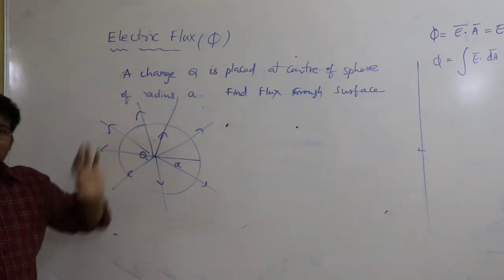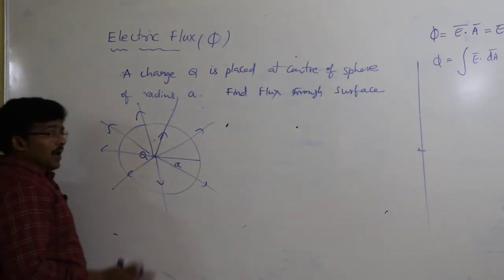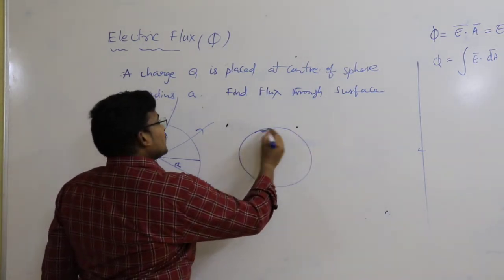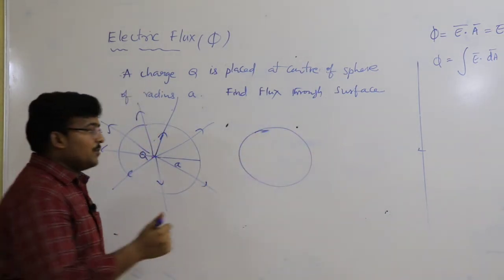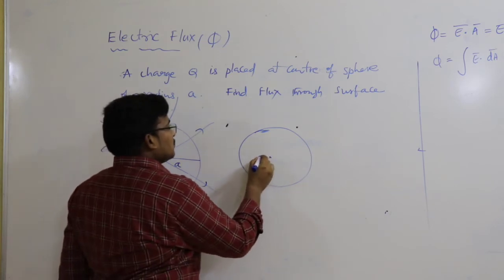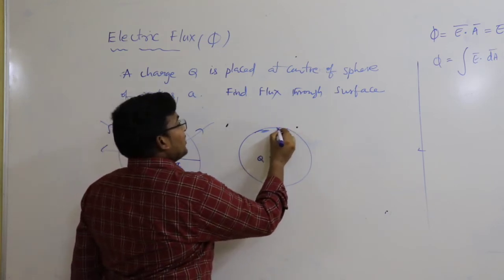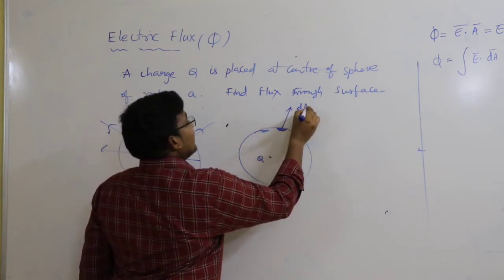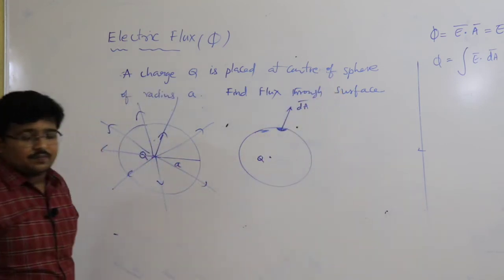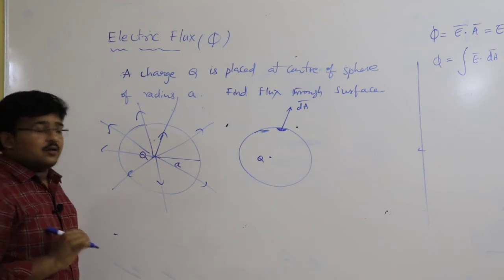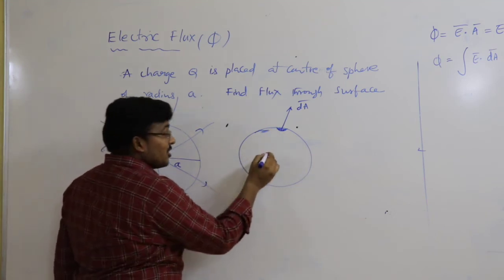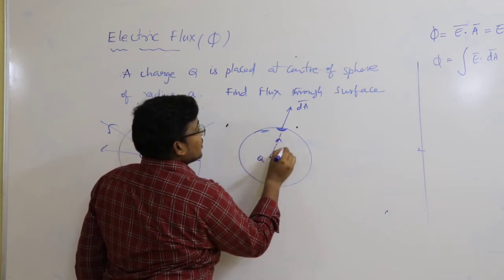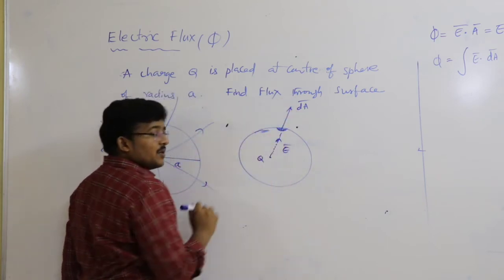Now they are asking what is the flux, and I am just taking a small element. This is the element and its area vector is like this. This is the dA bar direction, and here the electric field E bar is also in the same direction.